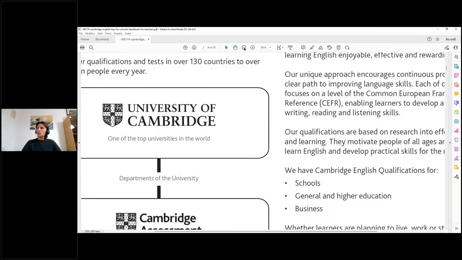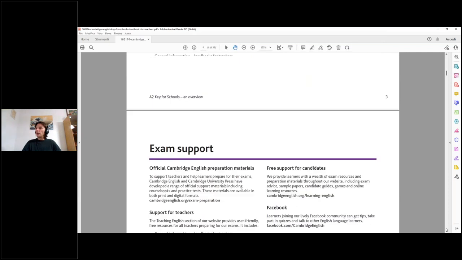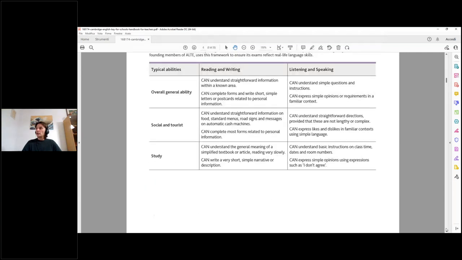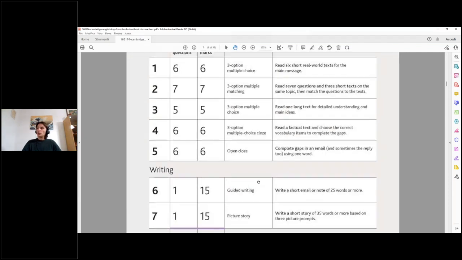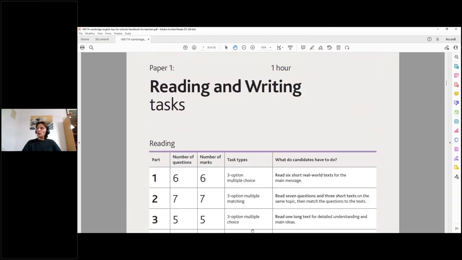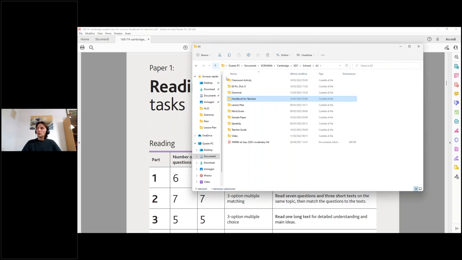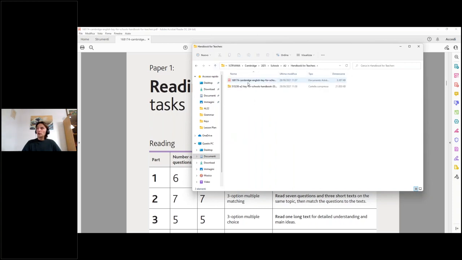But you should be able to get a reading and writing mark just by looking at this chart right here. Paper 1, reading and writing tasks. And remember this file, you can find it under the handbook for teachers folder. You click on it, and it's the only PDF you see here.